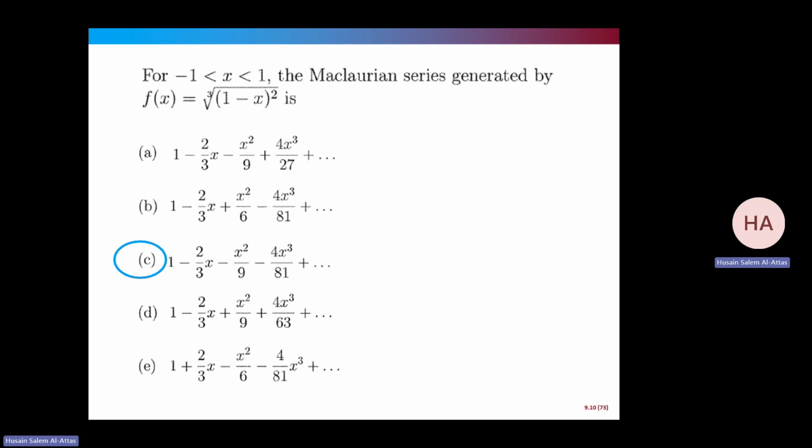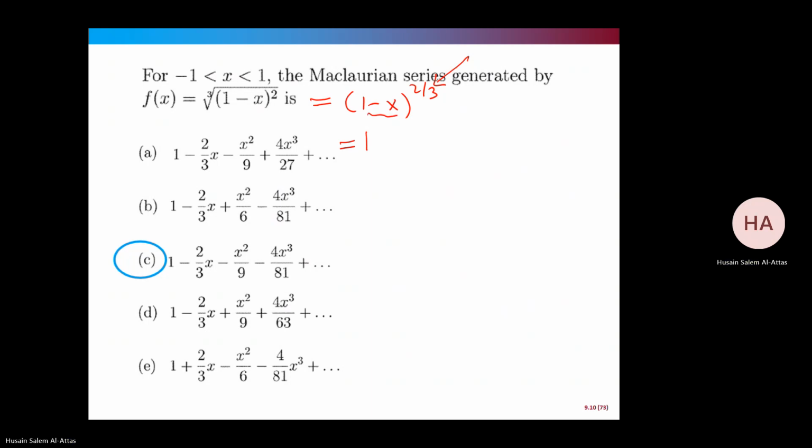The Maclaurin series generated by this. You give me 4 non-zero terms. If you think about f, that is 1 minus x to the power 2 over 3. So this is my k. It's binomial, so this will be 1, and this is my x.